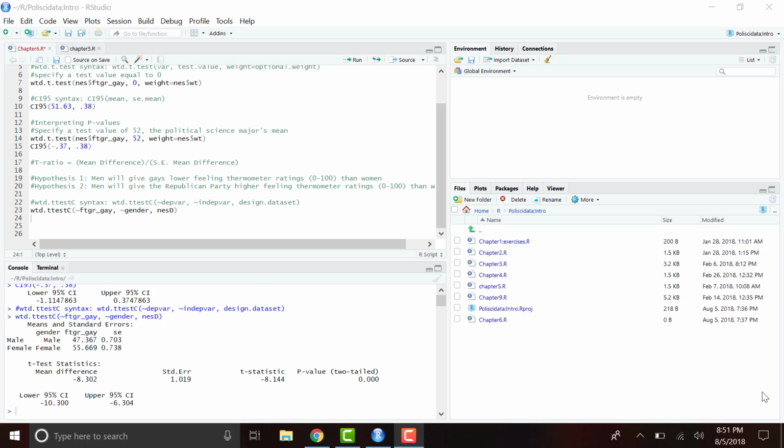So let's run our second hypothesis through another weighted t-test and see what we find. wtd.testC. Our dependent variable is ft_rep. Our independent variable is, again, gender, and we are using the same design dataset.